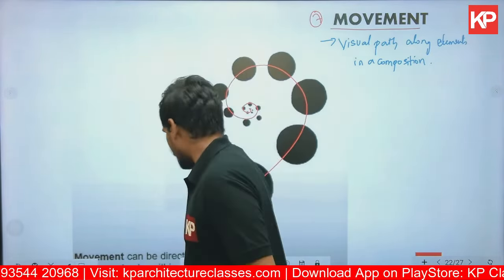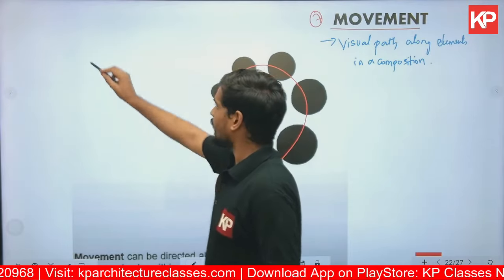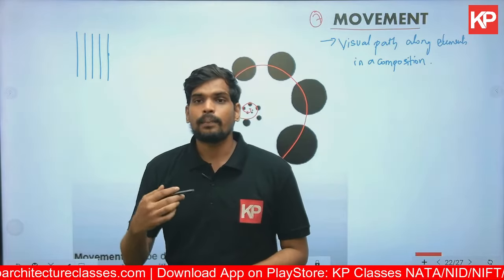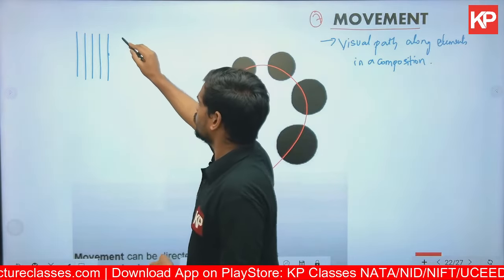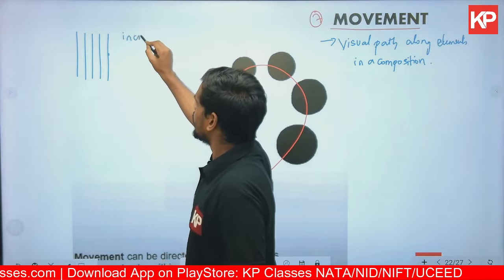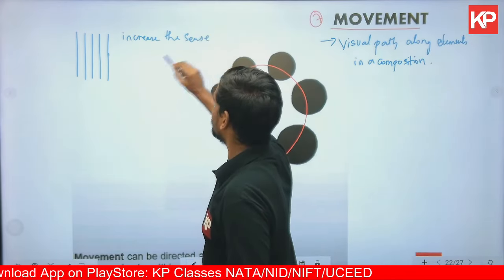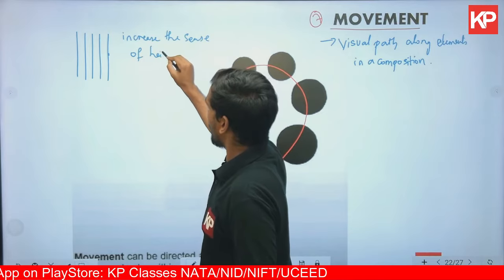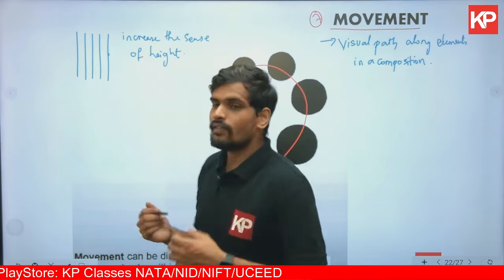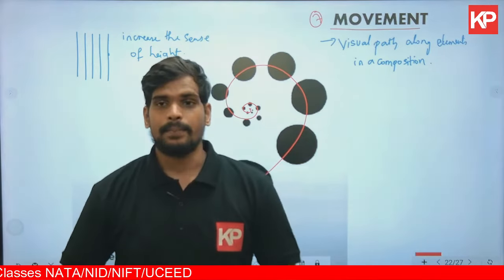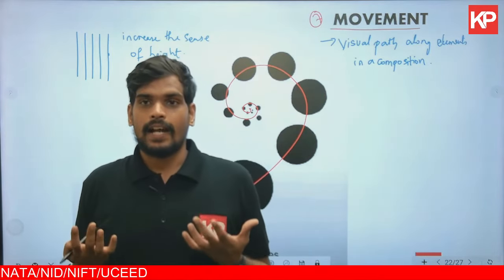One more additional point you can remember here is, based on the orientation of lines you can also create movement. For example, vertical lines increase the sense of height. So if you have a short person wearing a shirt with vertical stripes, it visually will increase the height of that person.